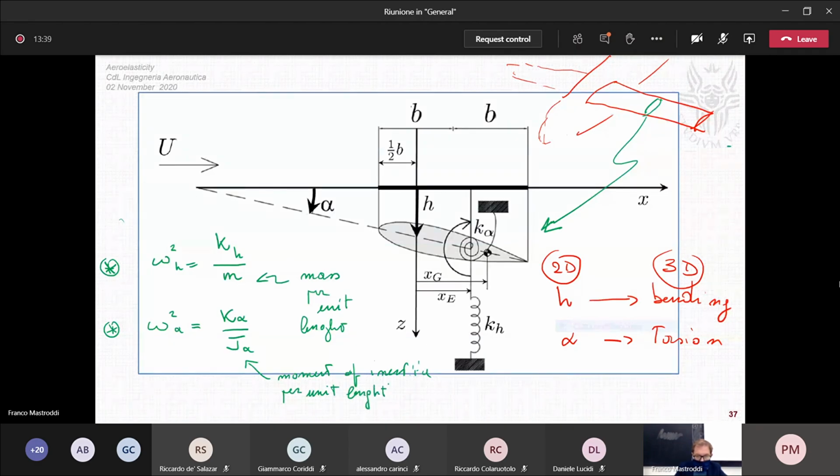This unit length is the span length, wingspan direction. And this moment of inertia per unit length with respect to the elastic center. Please, attention.